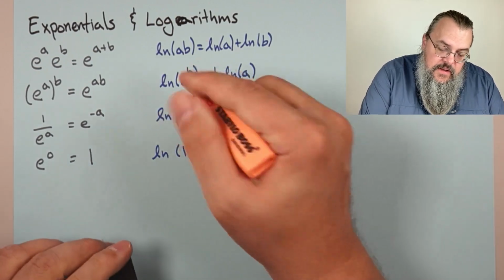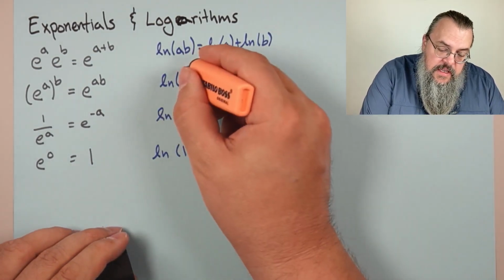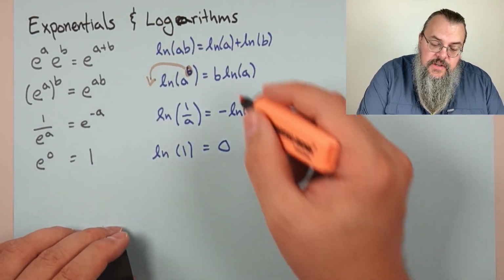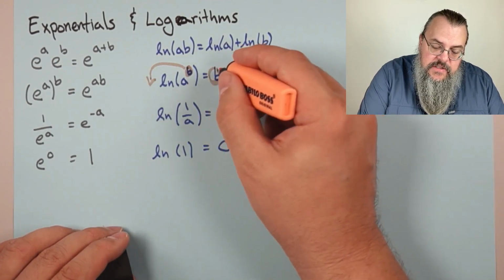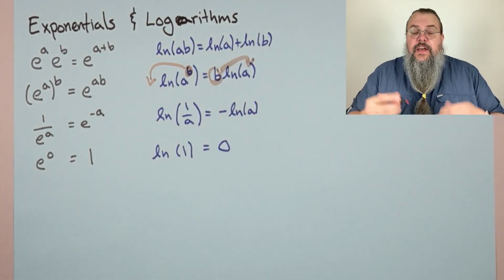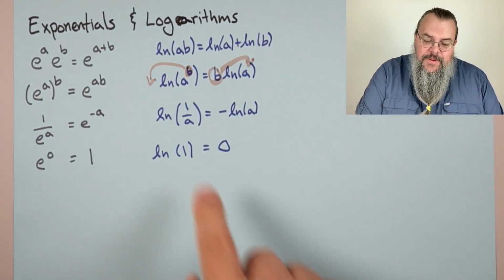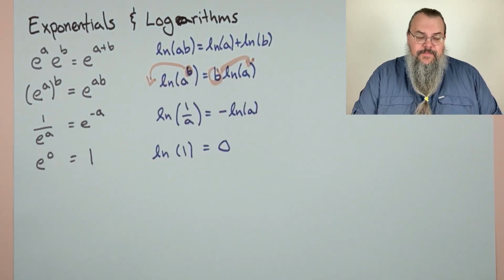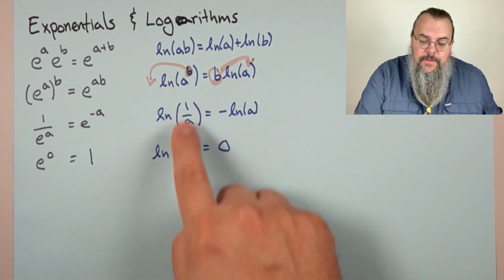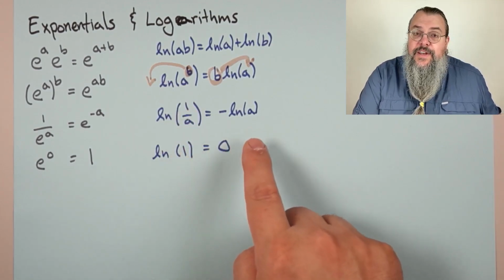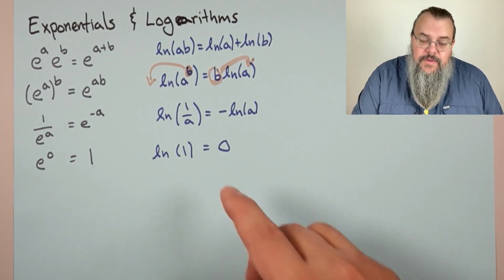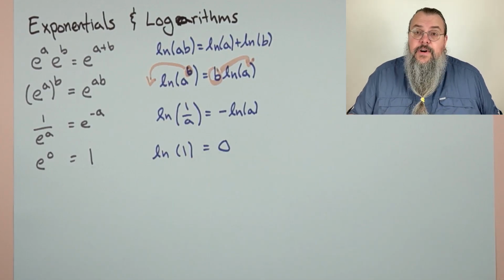So that says that if you have an exponent, it can come down. But of course, vice versa. If we have a constant, it can come in. And so, rules work both ways. That's the nice thing about an equal sign. It goes in two directions. If we have a log of 1 over a, that's minus log a. So a minus means something was downstairs, and a log of 1 is 0.